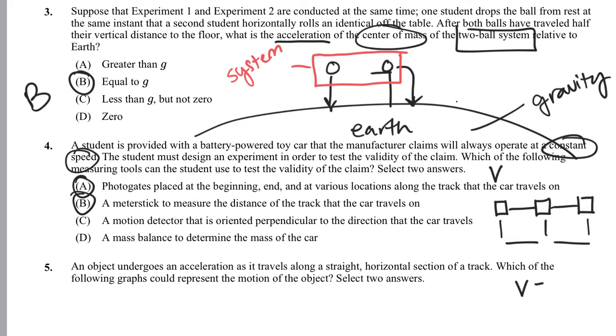So velocity is going to be reliant on distance over time, so these photo gates will record the time taken to travel the distance in between. And B shows a meter stick, and of course we always use a meter stick to measure distance. Velocity relies on distance, so therefore it's going to be B.